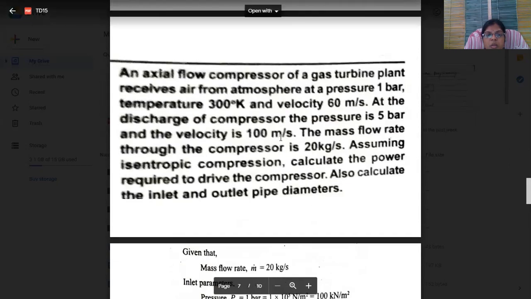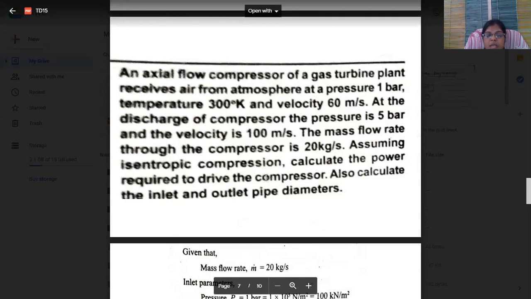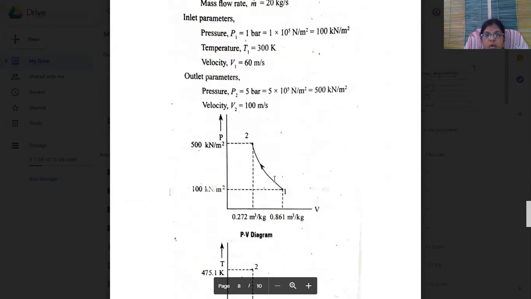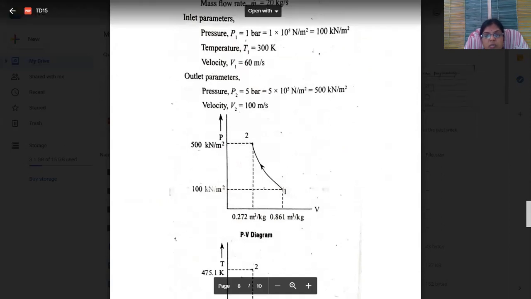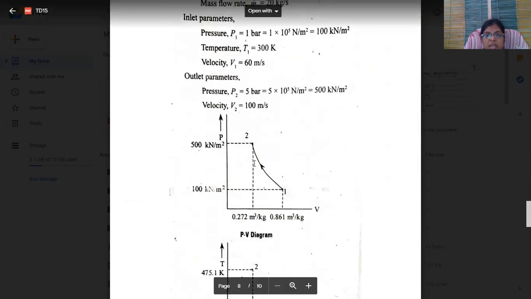Here he has given one thing, that is assuming isentropic compression. Isentropic compression from 1 to 2 means volume decreases.